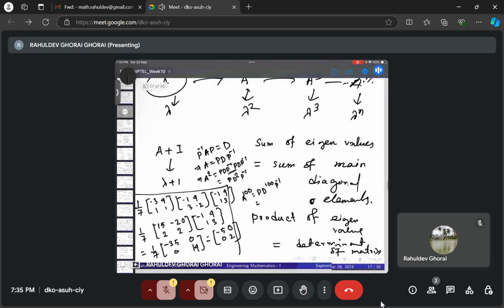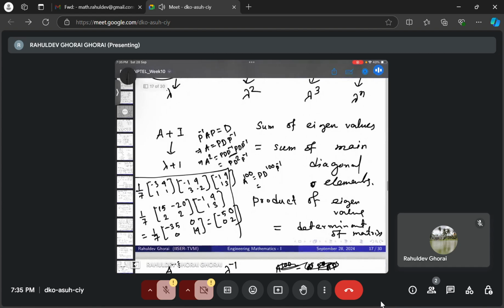And calculating D to the power 100 is very easy because it has diagonal elements like this. So you just take -5 to the power 100, which will be 5 to the power 100. Then you multiply by P and P inverse, and you get A to the power 100.